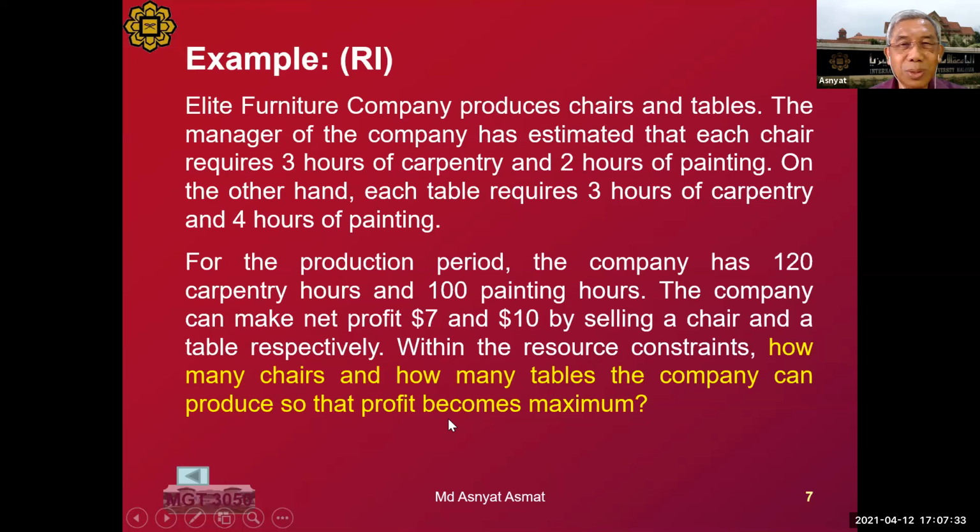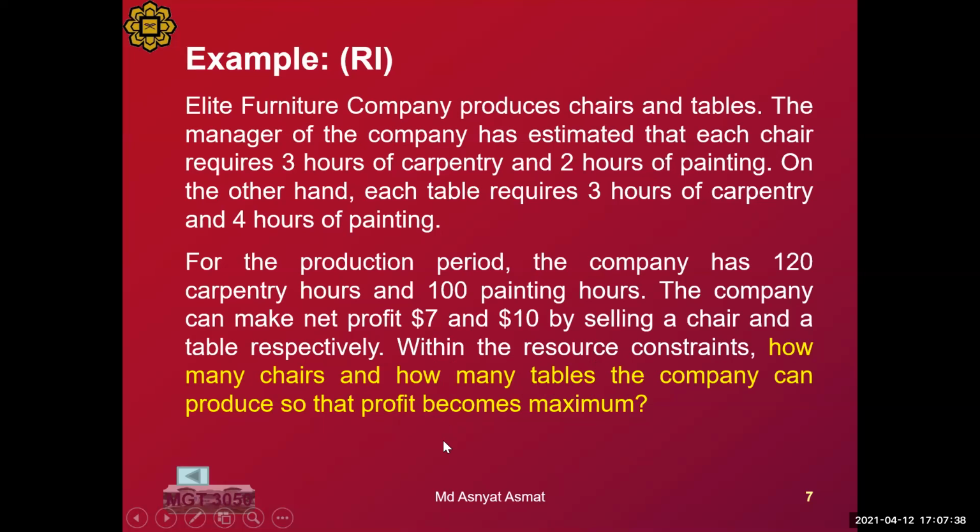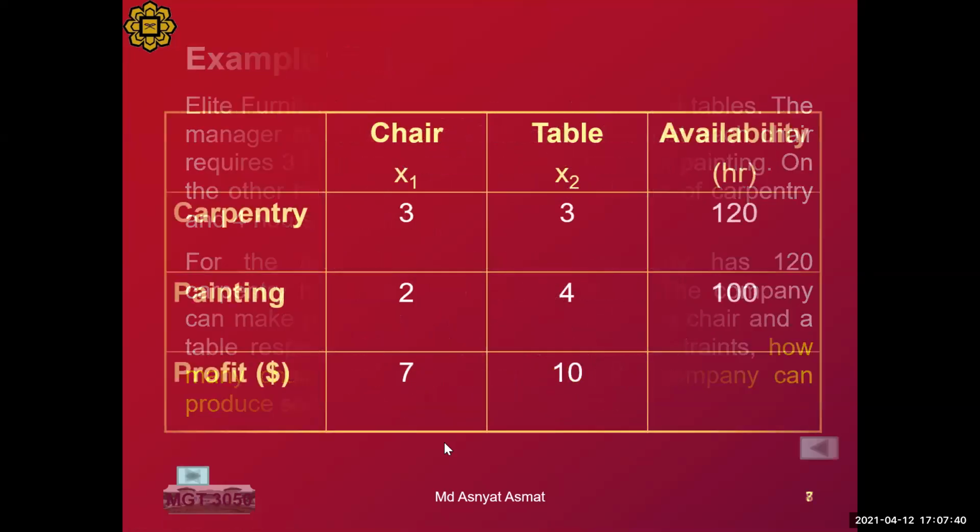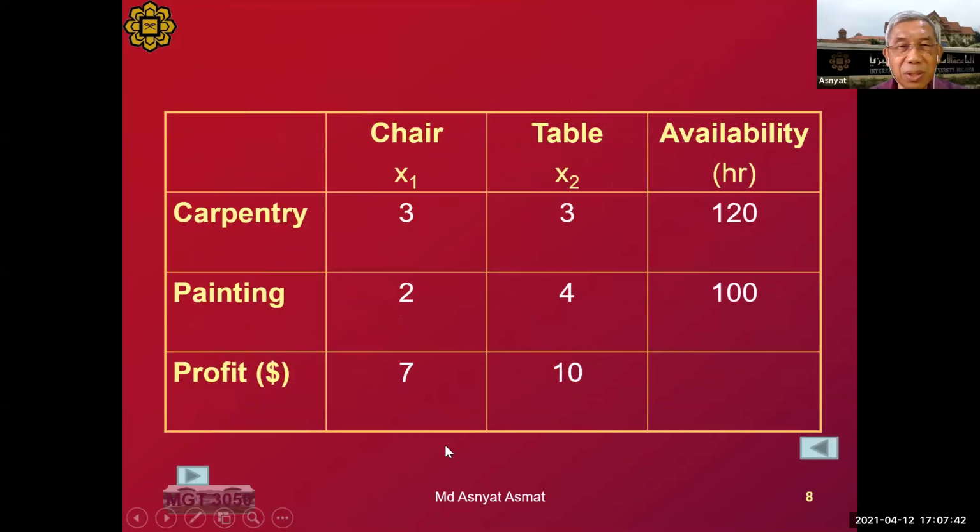Okay, we are not going through the graphical method in detail like the last two classes. Let's say we solve this using the graphical method. We summarize the elements here, chairs and tables. Let's say number of chairs x1, number of tables x2.